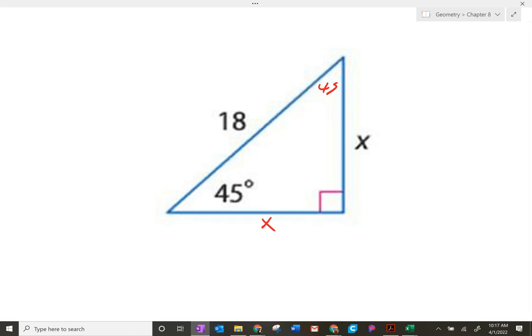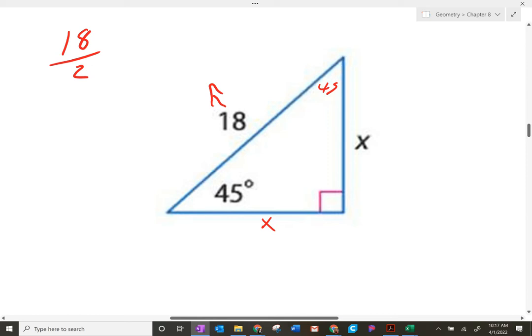So for me to take out a radical 2, what I can do is I'm going to change this one into a kind of a mixed radical and a whole number thing. Okay? I can take this number, whatever that number is. I'm going to show you the steps. I'm going to say 18, and I want to divide that by 2. And hopefully it'll make sense in a second.